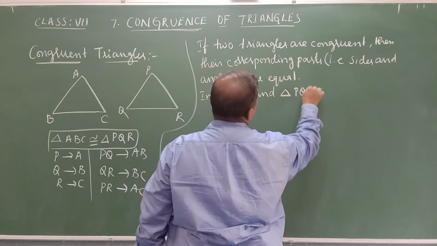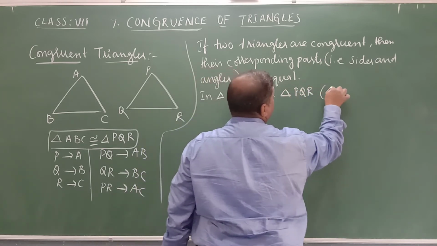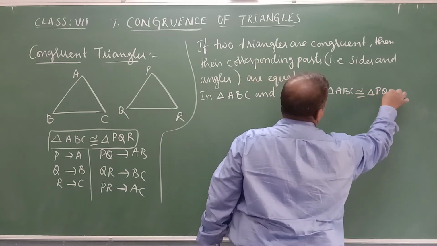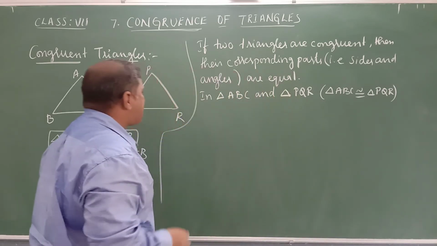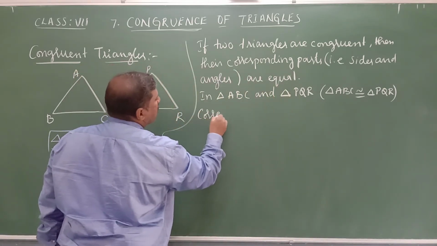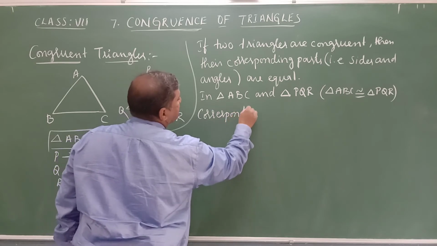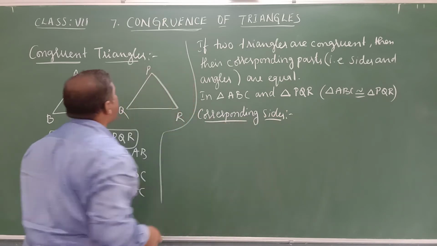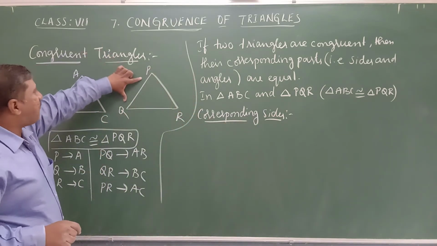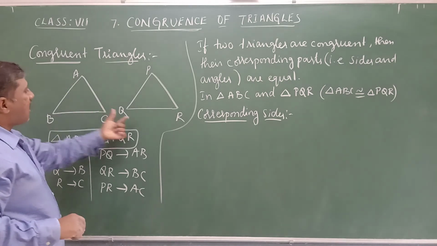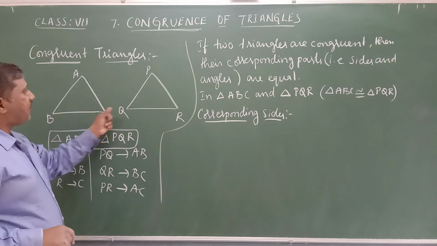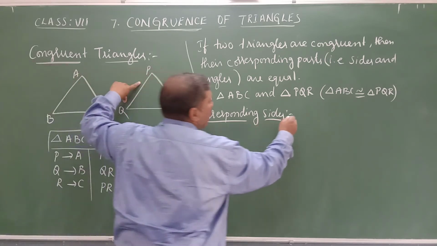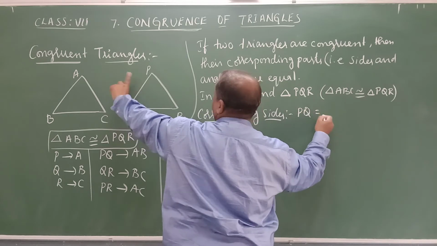Now, for triangle ABC and triangle PQR, if they are congruent, what are the corresponding sides? As I said, PQ is falling on AB, QR is falling on BC, PR is falling on AC. Therefore, PQ equals AB.